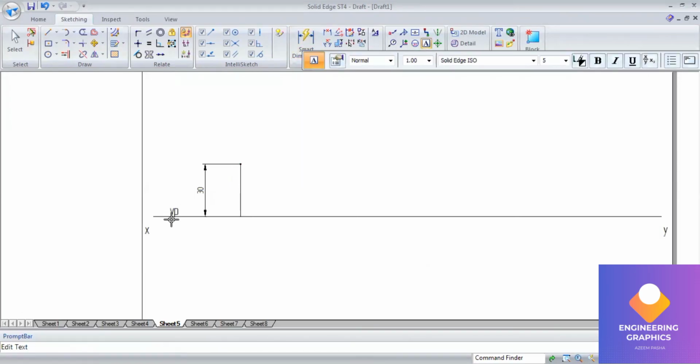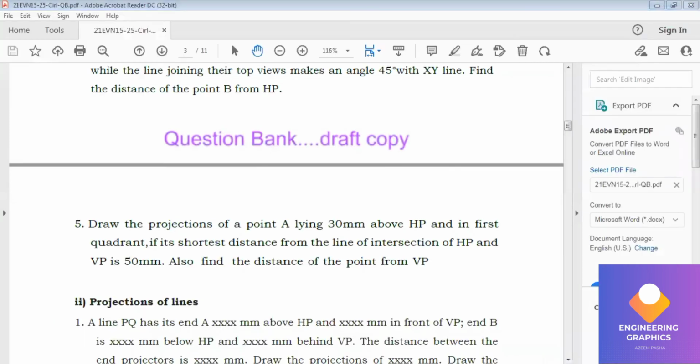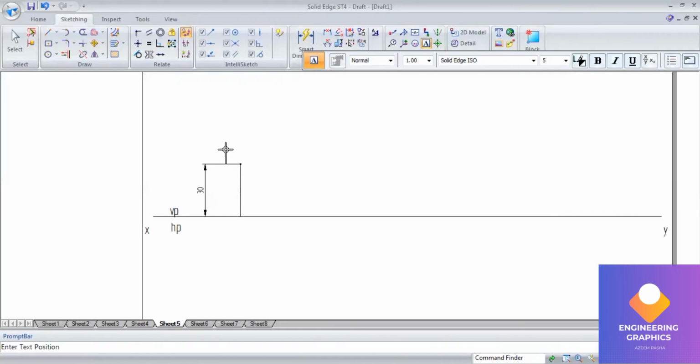You can mention VP HP because they mentioned clearly in the question itself. It is a first quadrant problem. And here they have mentioned above HP means it is your front view A dash.